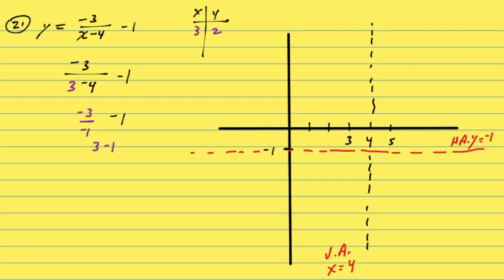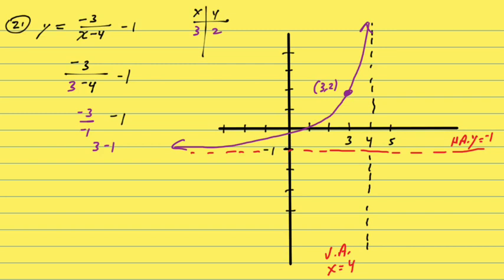I put in a 3 and hopefully I get out a 2. Does that make sense? I hope. Let's take a look. 3 minus 4 is negative 1. Negative over negative is a positive. That looks good. So where is that going to be? 3, 2 is up here. That should tell you that it's going to curve from asymptote towards the asymptote.